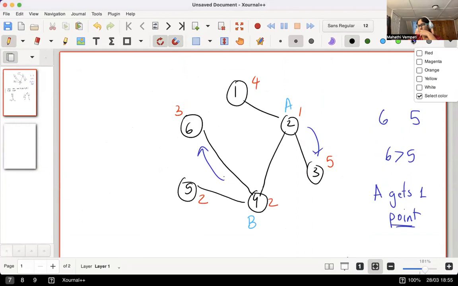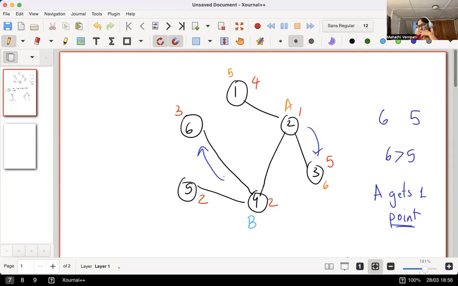First, we would have pre-computed all populations from A. So let's do that in orange. So this is 1 plus 5. And for B also we should have done that. Okay, I will write A in orange. 1 plus 5, 6. 1 plus 4, 5.